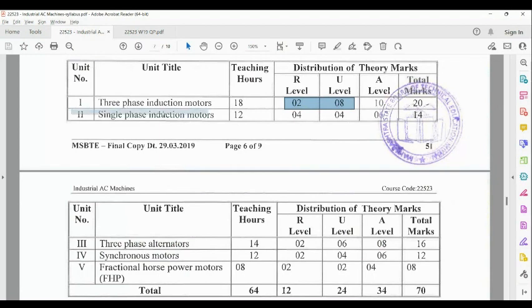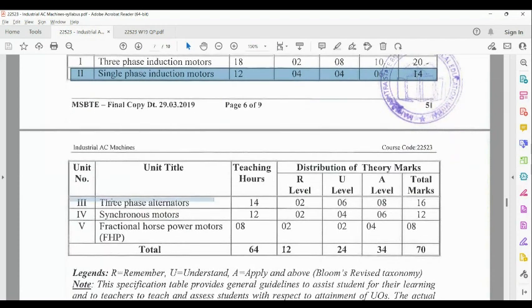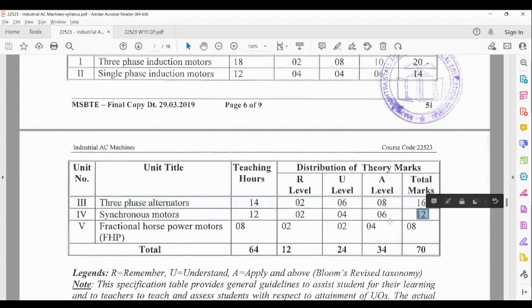In second unit, if you prepare the whole unit of 14 marks, which is totally theory, there will be no numerical question, then you will get minimum 14 marks. In third unit, remember and understand level have total 8 marks. Then unit number 4, the total weightage of 12 marks, and remember and understand level questions are 2 and 4, that is 6 marks.